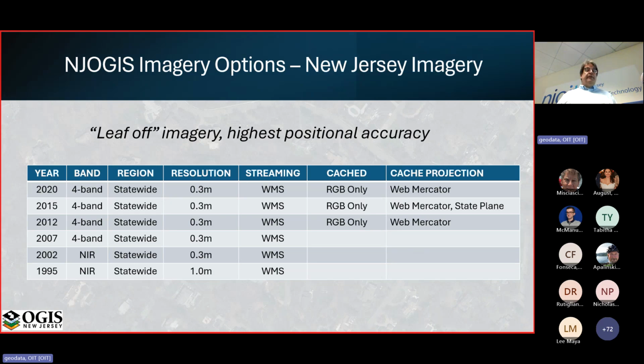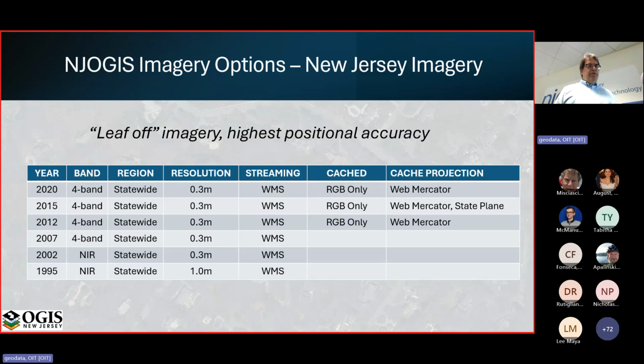Now, the New Jersey funded imagery. This is leaf-on imagery, but it has the highest positional accuracy because we spend a lot of money to make sure that the vendors do the flights exactly how we want them, to the horizontal specifications that we want, which is very tight. And this is the data set that is the base for all the data that we build in New Jersey.